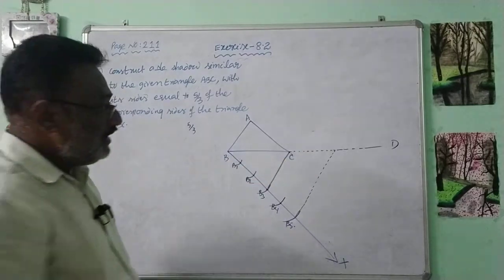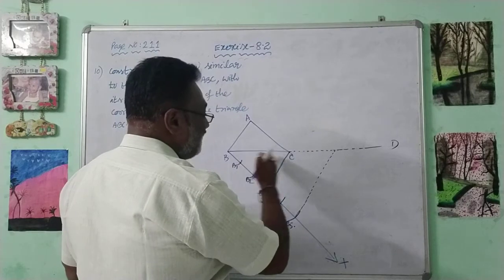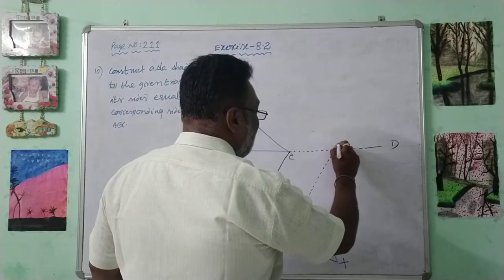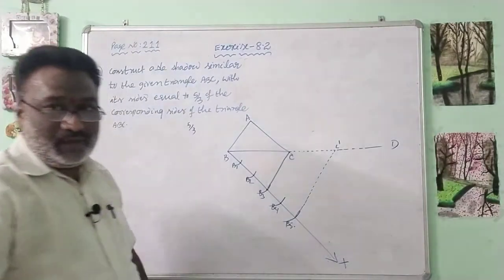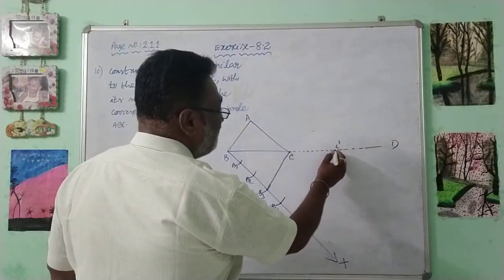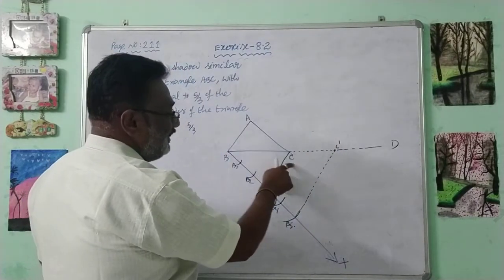Where this parallel line intersects the line BC extended up to D, I am taking that point as C dash.